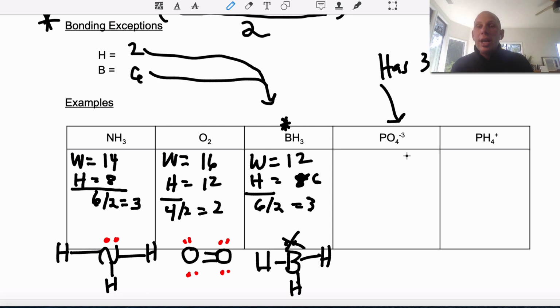Recall, electrons are negative. If electrons are negative, and -3 means 3 more, you're simply just going to add that to the have. If it were +3, you'd have 3 less.